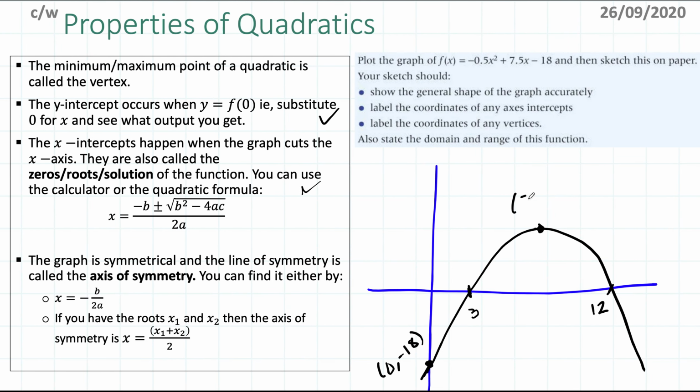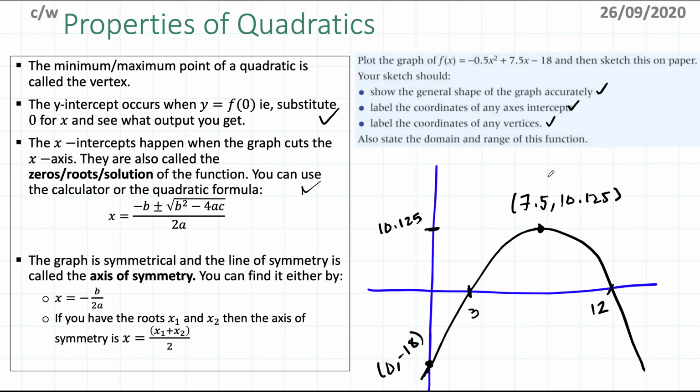So this is 7.5 and 10.125. So we got the coordinates of the vertex, we got the intercepts, and we got the general curve of the graph.